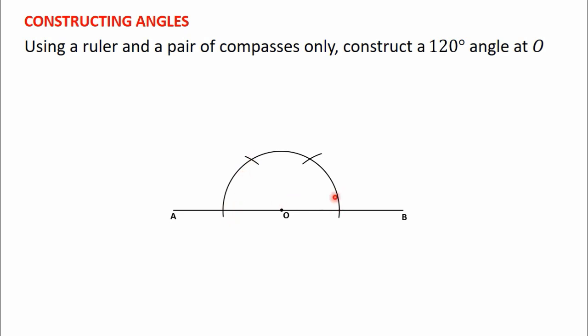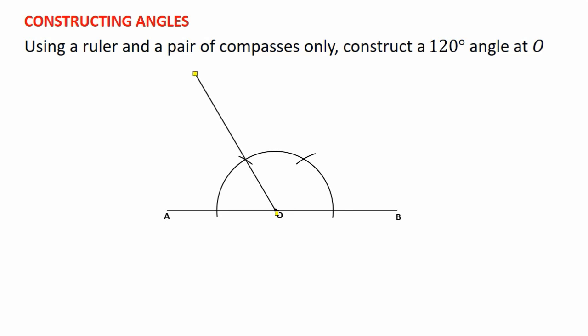So from this point to this point is 60. From this point to this point is also 60. 60 plus 60 will give us 120. So if you want our 120 degrees angle, we have to draw a straight line joining this point and point O. You take your ruler and your pencil and you draw a straight line to join these 2 points, just as I'm doing here.